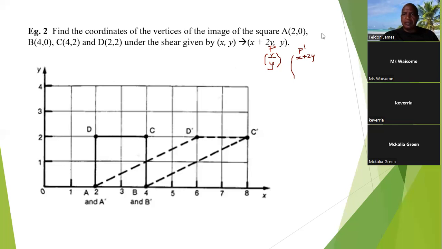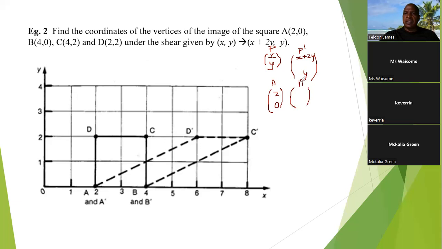All right, so the y coordinates would remain the same. So if you use this calculation with these coordinates, so if you have A, which is 2, 2 and 0, what will this map onto?